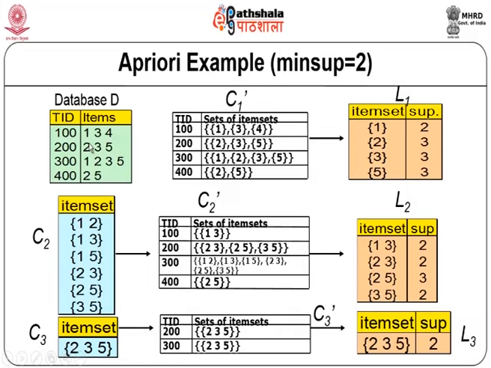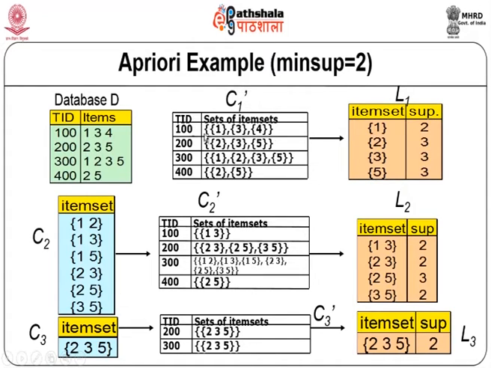Now, as part of the Apriori algorithm, the first step is to generate all possible candidate sets. Given these transactional records, the Apriori algorithm will scan through the records and identify all possible single item sets. It is going to scan all these transactions and list down all the unique items.